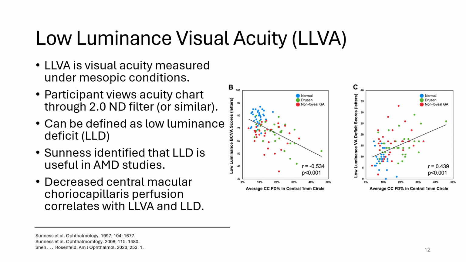Rosenfeld's group, shown there on the right, has recently used the test to demonstrate that low luminance visual acuity and the low luminance deficit are associated with decreased central macular choriocapillaris perfusion. Low luminance acuity and low luminance deficit can be useful in studying advanced AMD, such as geographic atrophy.